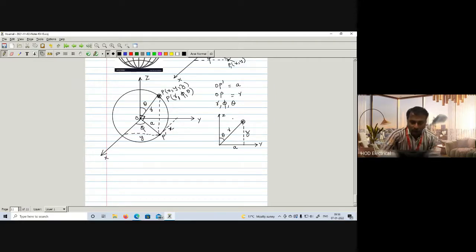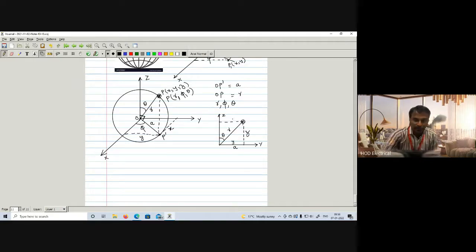Now if you draw a perpendicular to the line here, I am going to find out what this distance is. We know a, but what is this distance in terms of r? We can say this is the y distance and this is the a distance. So what can be this r?